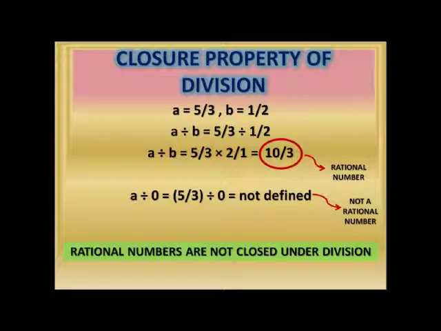But when you operate the same thing with 0, that is a divided by 0, which is 5 by 3 divided by 0, we know that anything which is divided by 0 is not defined, and therefore this is not a rational number, because it is not in the form of p by q, where q is not equal to 0. Here q is actually equal to 0. Hence we can say that rational numbers are not closed under division.